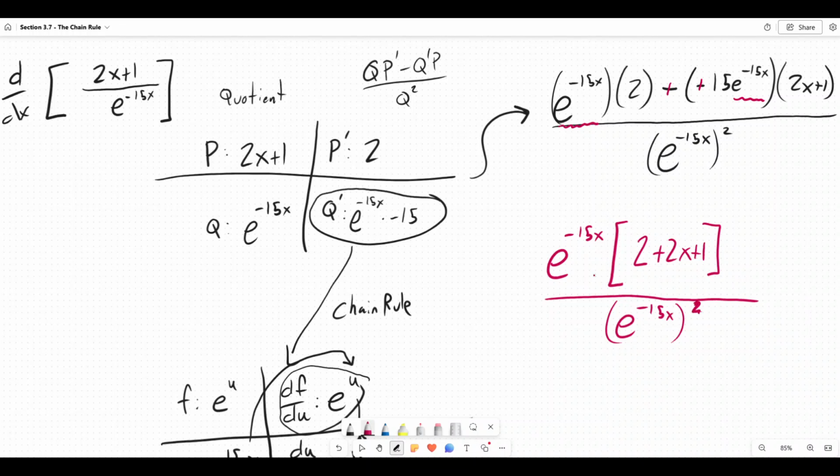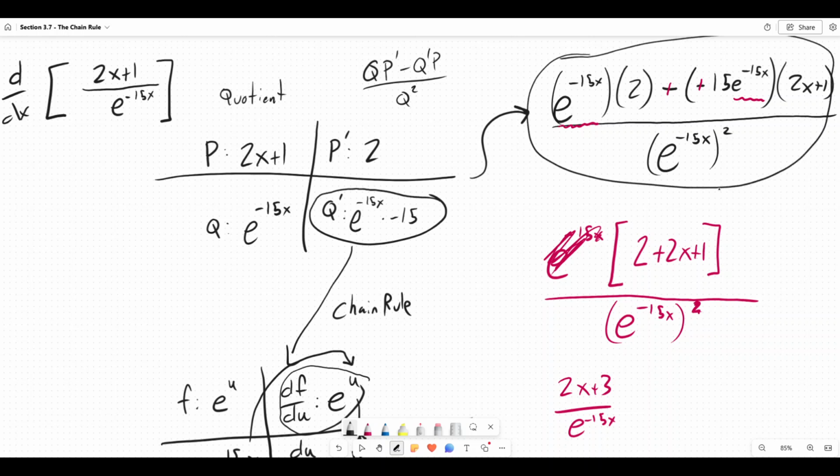And one of these will cancel with one of these, leaving me with 2x plus 3 over e to the negative 15x. But I will point out, once again, this is an example where the unsimplified form, sorry I wrote through that, is good enough.